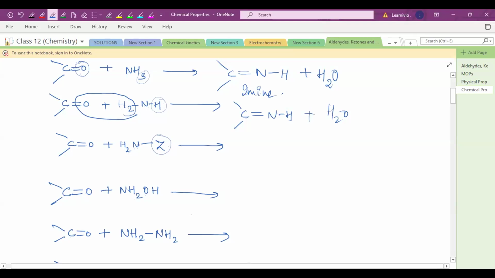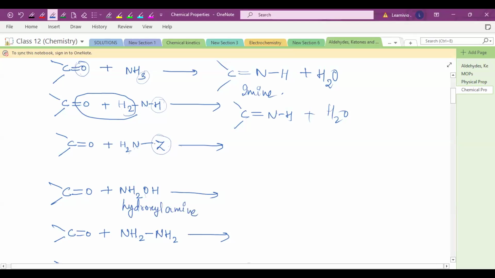If in place of the Z group you attach OH, it will become NH2OH, right? And NH2OH is hydroxylamine.